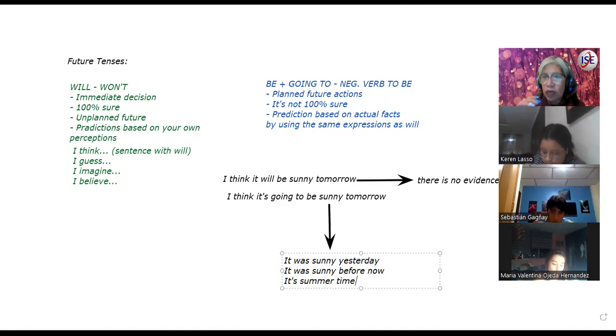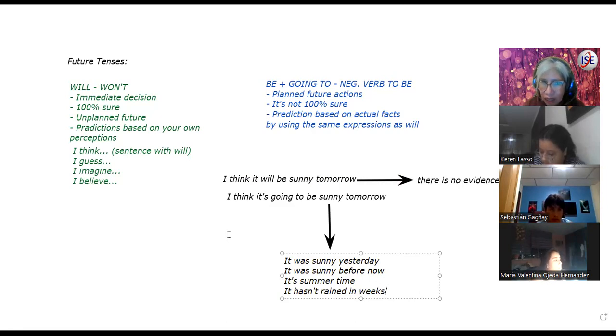So taking into account those facts, we can say, I think it's going to be sunny tomorrow. It was sunny yesterday. It hasn't rained in days, in weeks. It didn't rain last week or the week before last or three weeks ago or a month ago. So all these are reasons why we use going to be and not will.